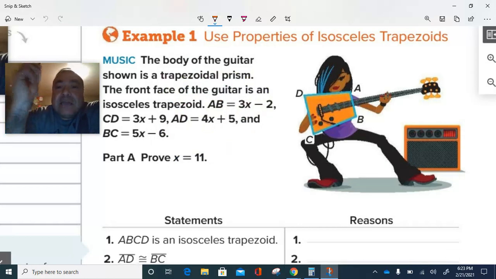So let's start. This side AB, this little side right there, is 3x minus 2. They're talking only about sides right here. CD will be 3x plus 9.